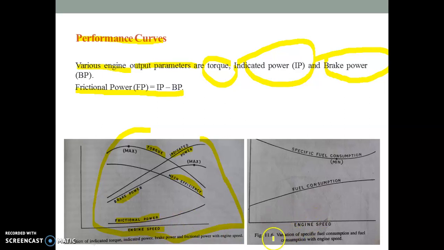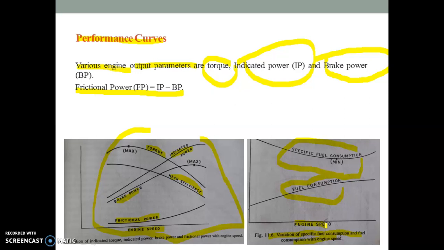Then this diagram represents the variation of SFC, that is the specific fuel consumption, and fuel consumption with engine speed, the specific fuel consumption and total fuel consumption at different engine speeds.